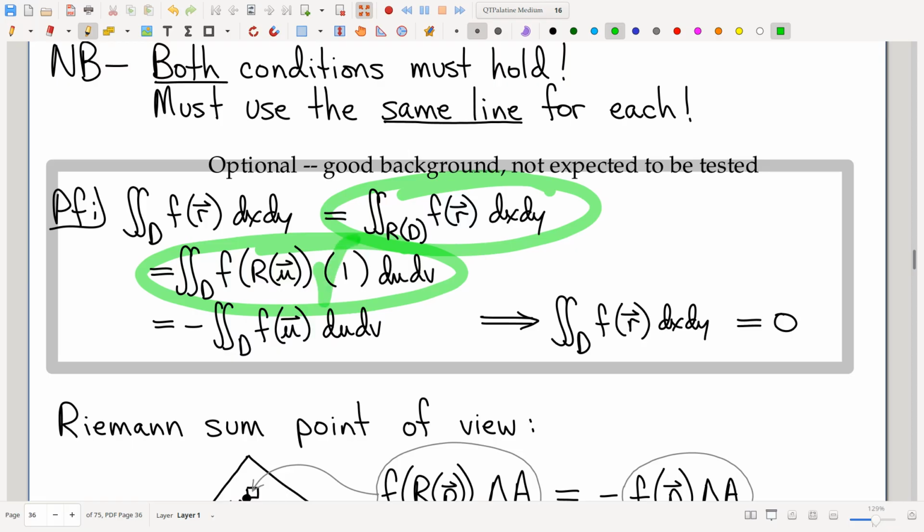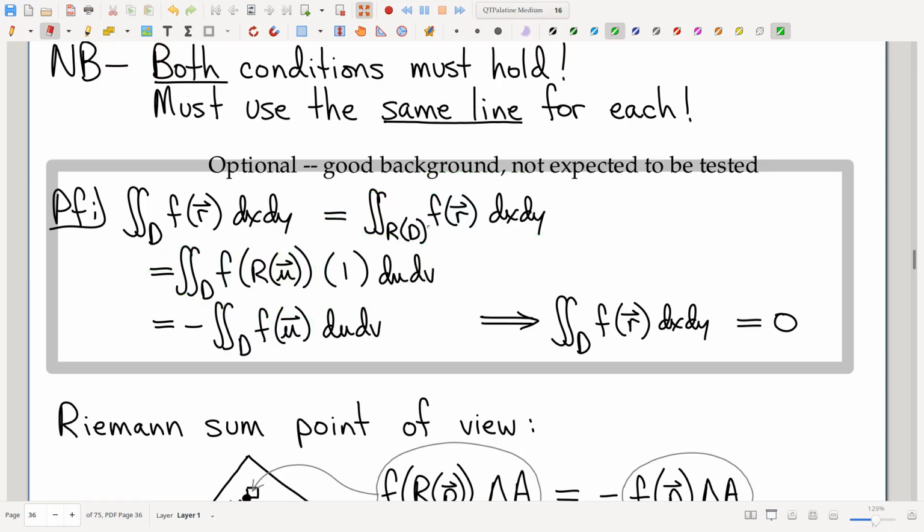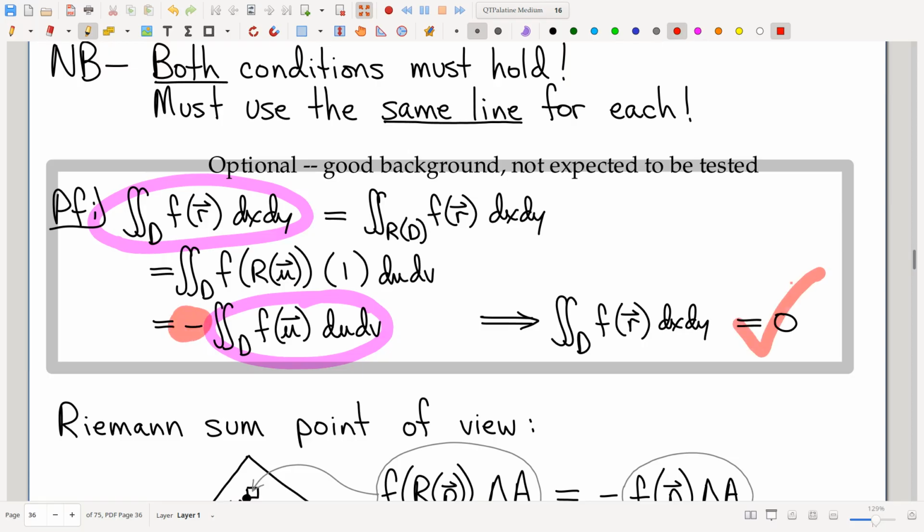So that's easy. Oddness means that when you reflect the input, you negate the output. And again, we find ourselves with an integral that is its own negative, and therefore it's 0. So it's practically stolen off of the previous page. Totally analogous argument using change of variables.